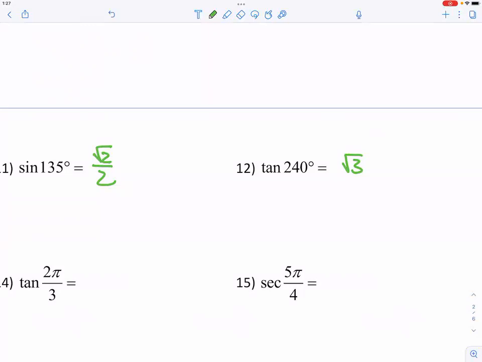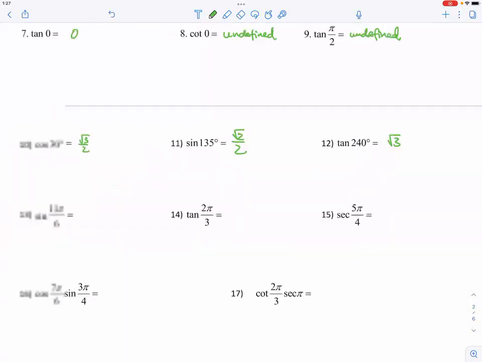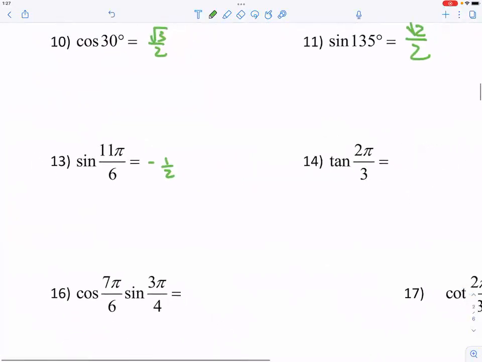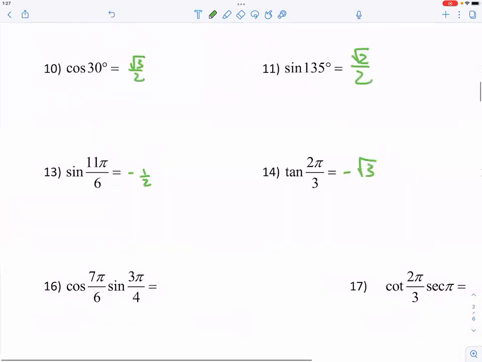I'm not copying. It's really real time in my head. Sine of 11 pi over 6, negative 1/2. Tangent of 2 pi over 3 is negative root 3.